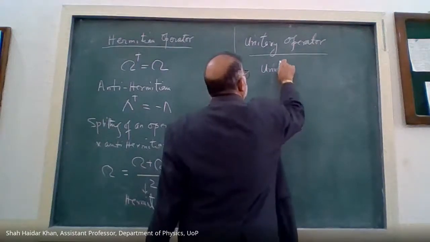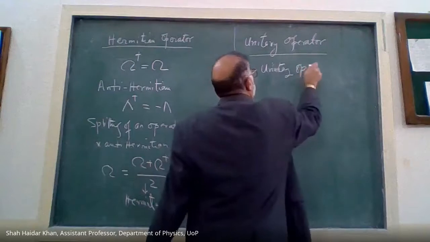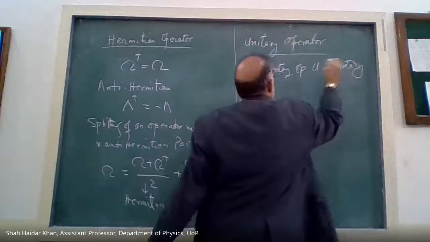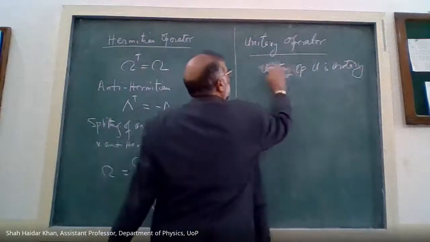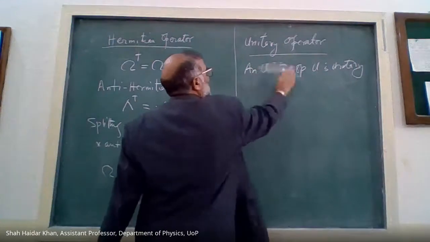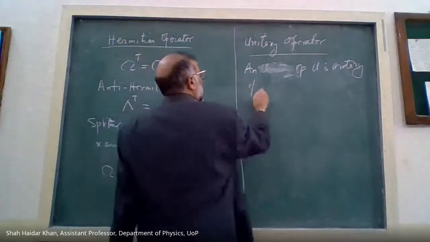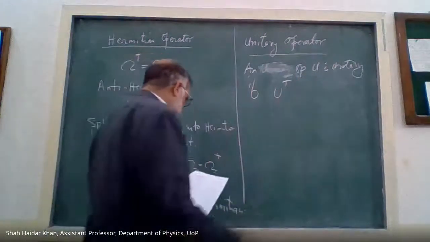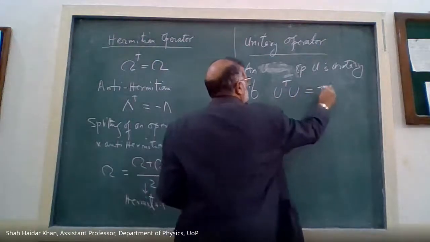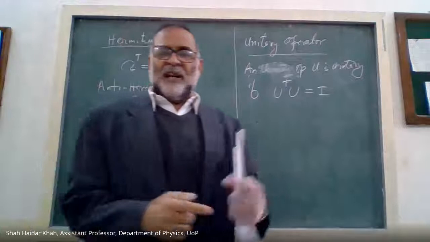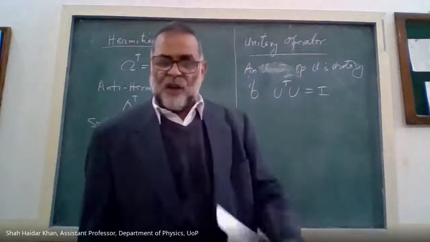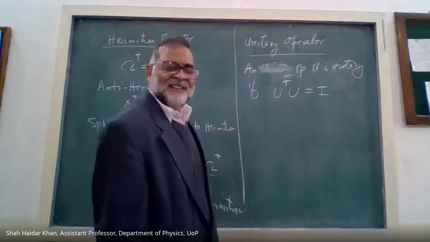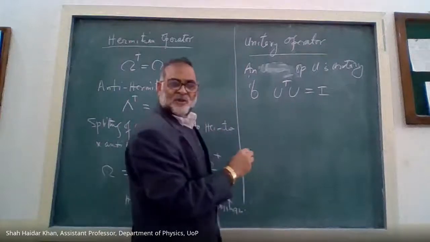An operator U is said to be unitary if U dagger U is equal to I. If you multiply it by its adjoint and get the identity matrix, then U is a unitary operator.